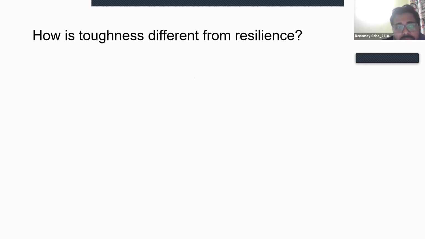So, do you think toughness and resilience are of same significance? Do both of them mean the same? So toughness is the energy absorbed by a material just till it reaches the fracture point. And resilience?